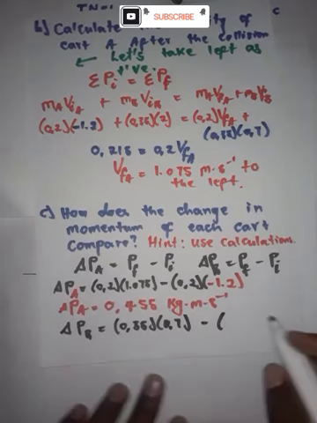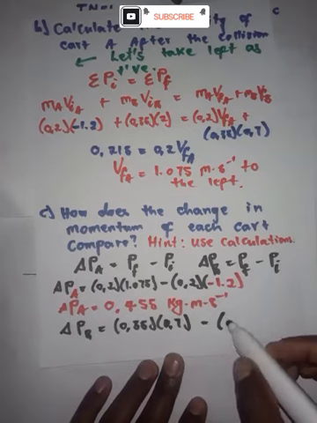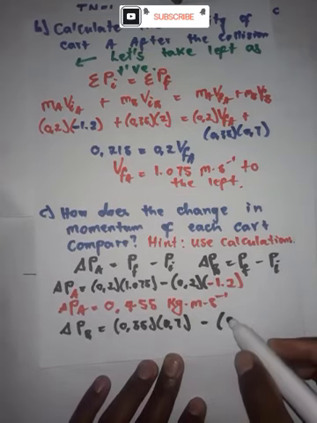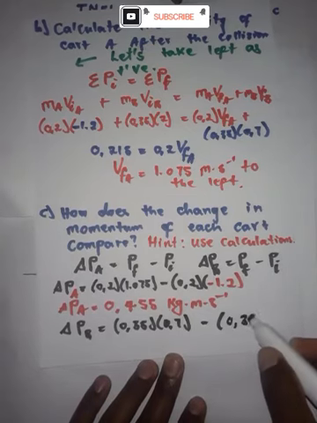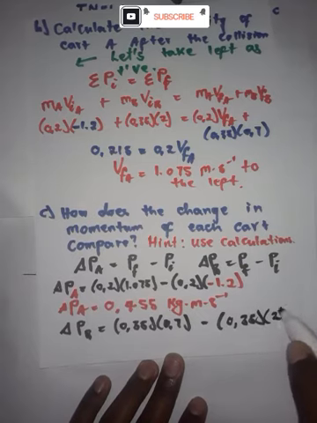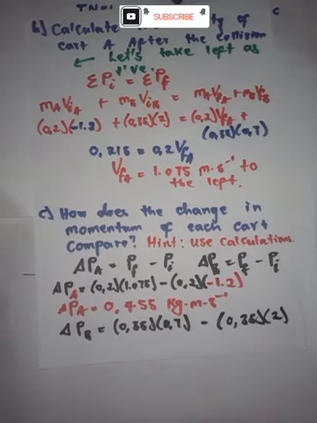So initially, this thing had 0.35 multiplied by 2. Since the direction doesn't change, the signs remain the same for both velocities. 0.7 minus 0.35 multiplied by 2.